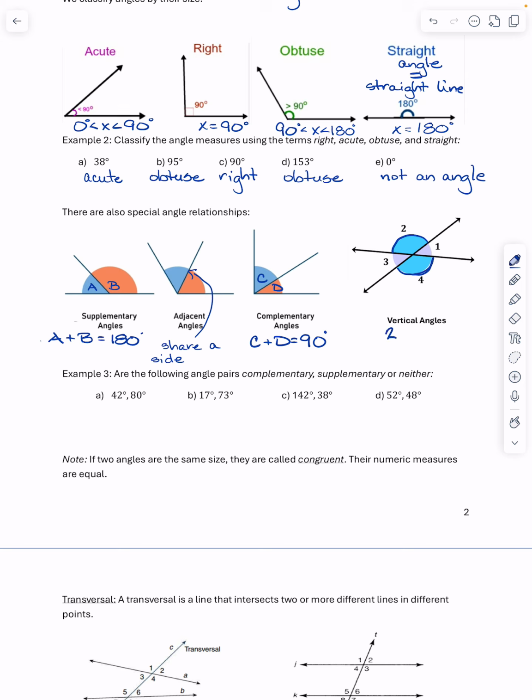Vertical angles are always equal. And so I'm going to put measure of angle 2 and measure of angle 4 just so we know we're talking about the numbers and not specific angles. If two straight lines intersect, we should have two sets of vertical angles.